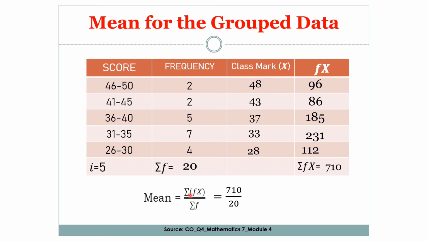We have 710 divided by 20. Then get the quotient, that is equal to 35.5. So the mean score of students in grade 7 Narnia in the 4th periodical test in mathematics is 35.5.